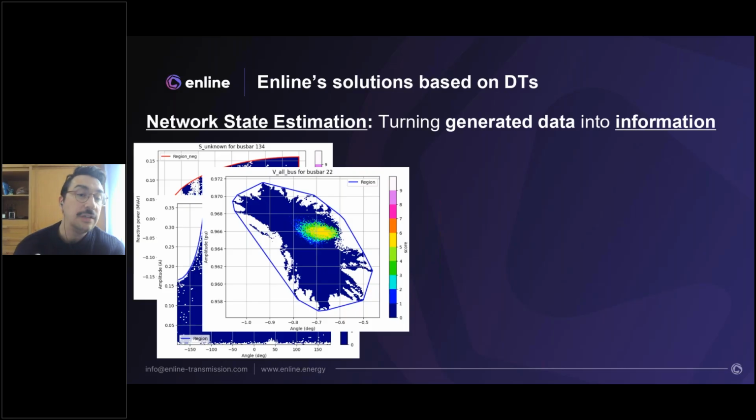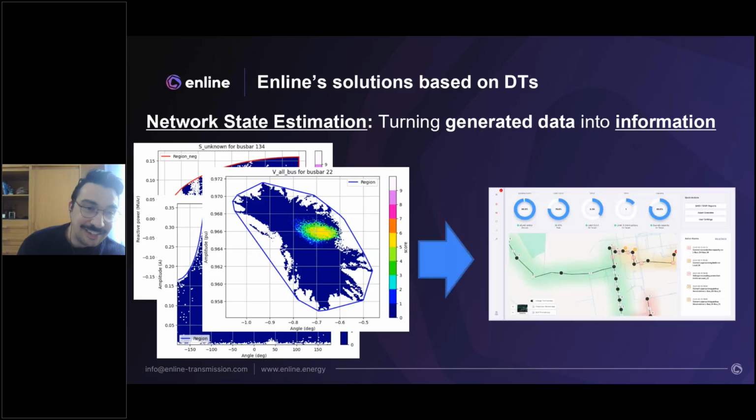What's the likelihood? And then you can see the clouds spread. Every cloud that you are seeing here contains millions of points for just one particular bus. And the goal here is to turn this raw data into information.